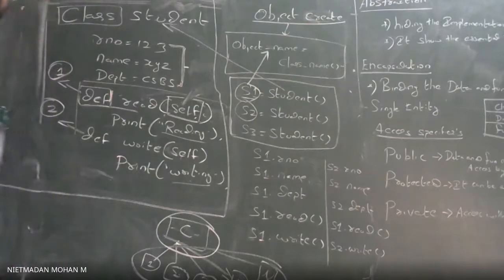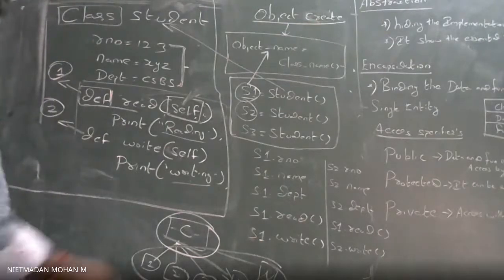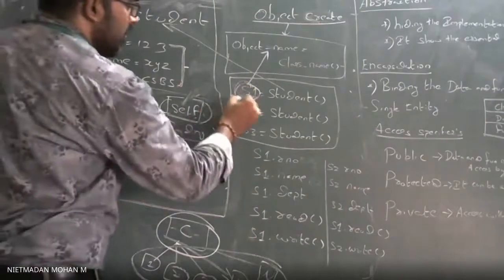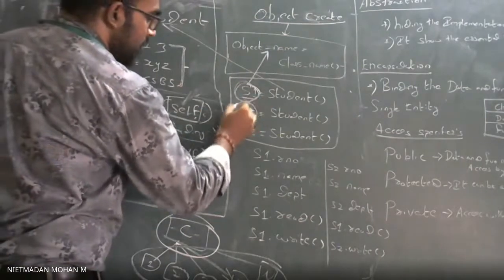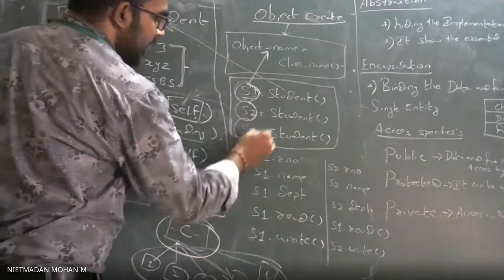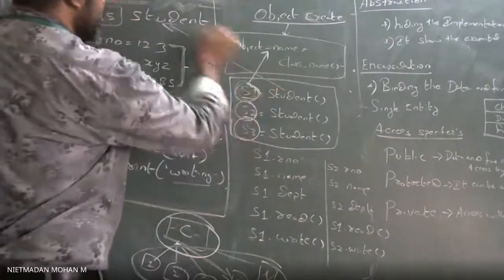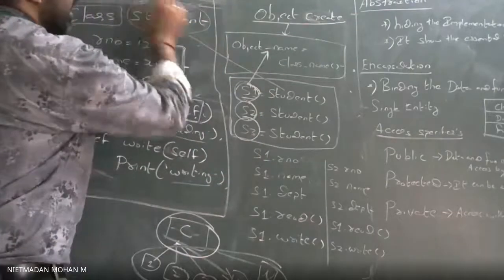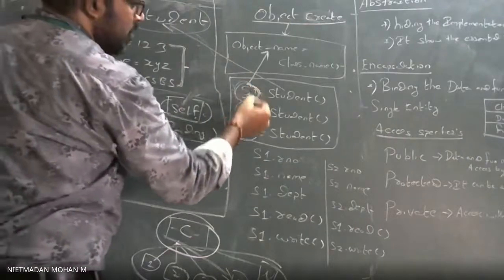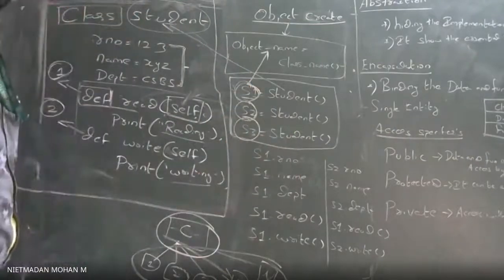S1 is my first object, S2 is my second object, and S3 is my third object. For this particular class called Student, I have created three objects, that is S1, S2, and S3. Right?